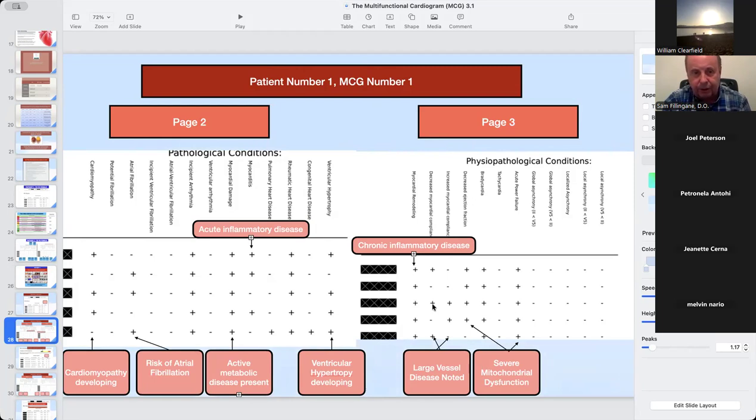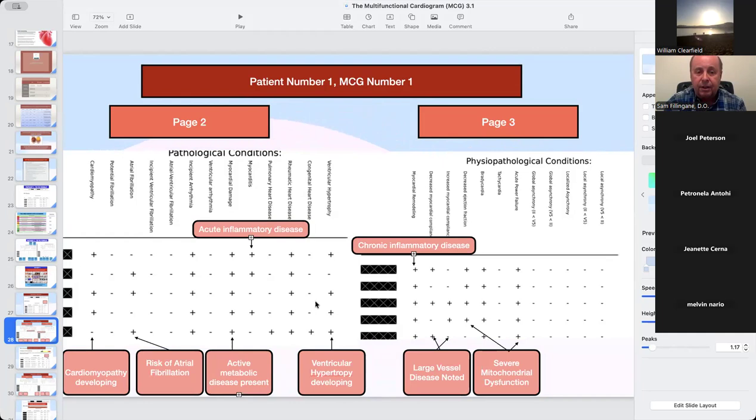We now want to know if it's left-sided disease or right-sided disease, and he's 5 out of 5 positive under rheumatic heart disease, so it's primarily left-sided disease, which is the bad kind. The other plus was 1 plus out of 5 under pulmonary heart disease, which is right-sided disease.